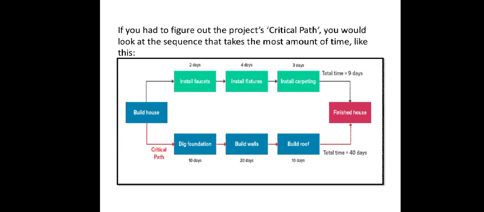Either it is 9 days or 40 days. So 40 days is the longest sequence of tasks. So this is called critical path method. In critical path method, we always take into consideration the longest sequence of time to complete a project. So by this I have completed the critical path method theory part, and in the next video I'll proceed with the project evaluation review technique. Thank you.